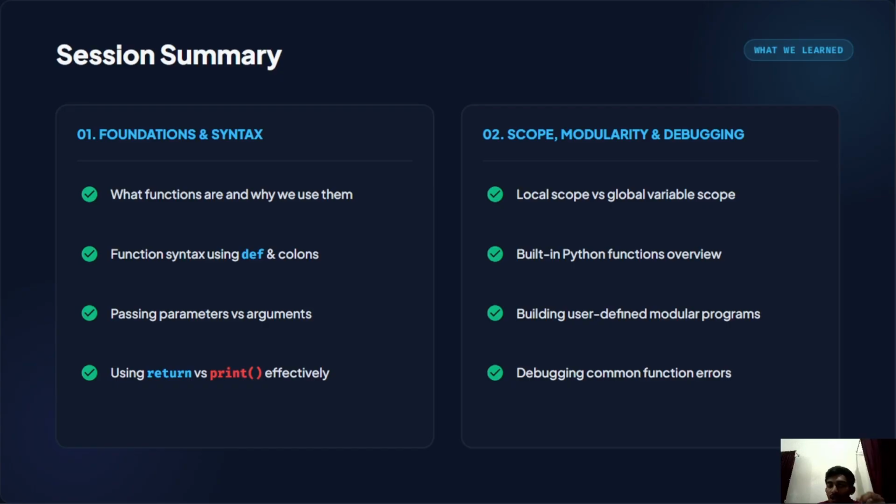Then we went through local variable, global variable, Python built-in functions, user-defined functions, and practical programs like calculators and factorials. Then we covered some common beginner mistakes. If you have understood today's lesson, now you know one of the most important concepts of programming. Almost every professional Python project uses functions extensively.